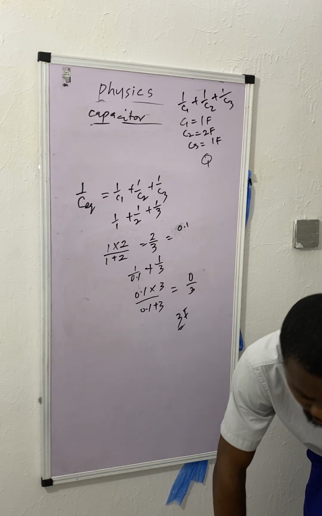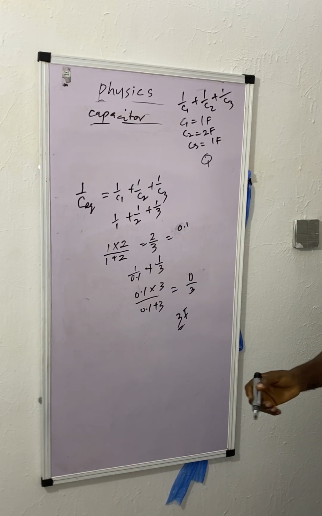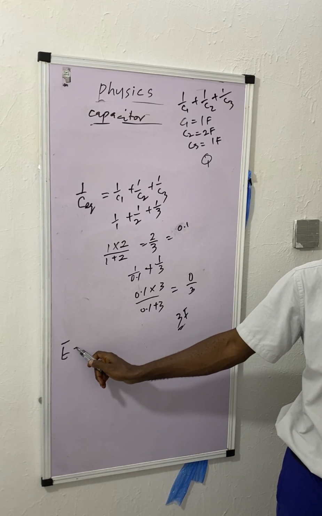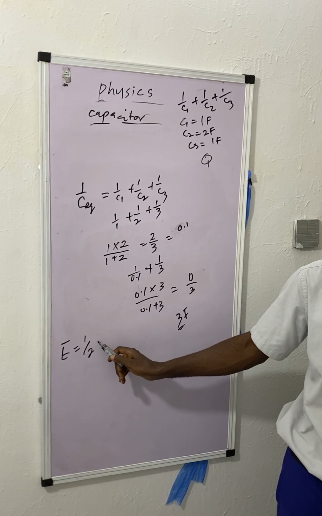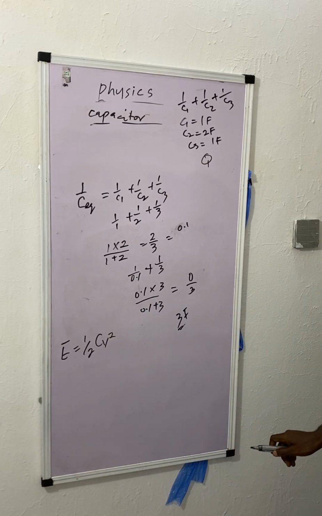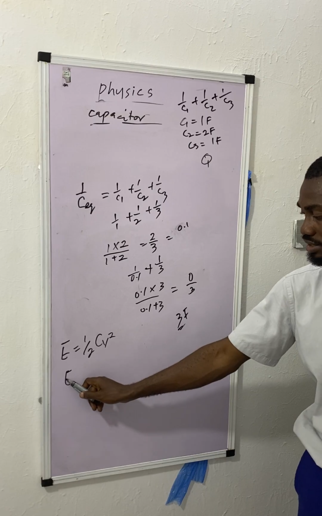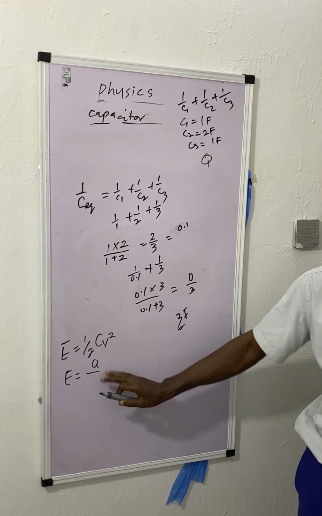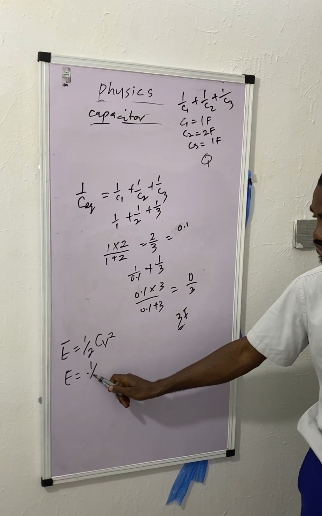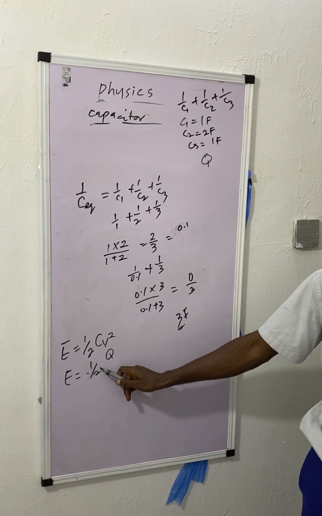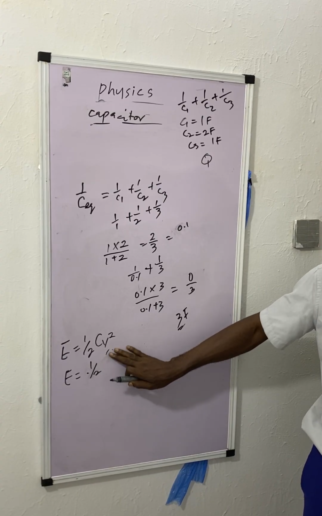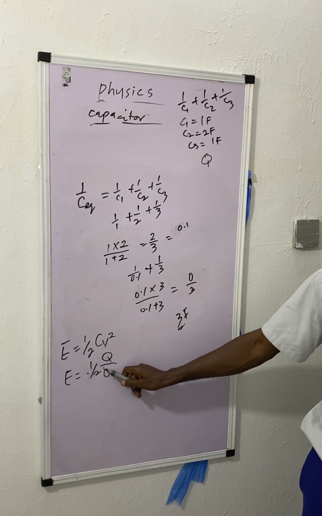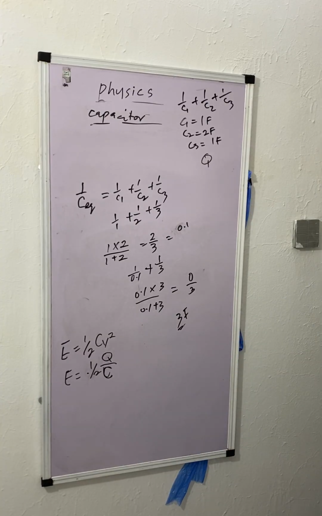Let's now observe energy stored in a capacitor. Energy stored in a capacitor is the total energy that the capacitor holds. E, which is energy, is equal to 1 over 2, that's half CV squared. It has about 3 formulas. It can also be given as energy equal to half Q, 1 over 2 Q over C, which is the capacitance.